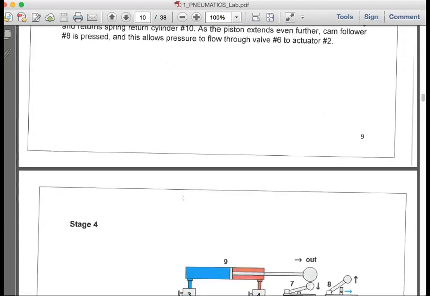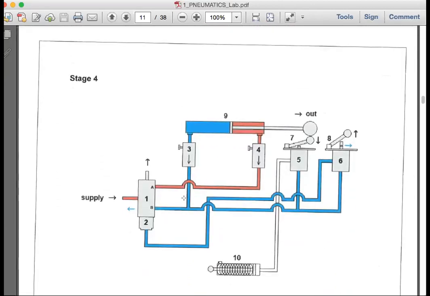So stage number 4, the stem was pushed up, so the pressure switched. Right now the pressure comes through number 4 into the right chamber. Piston is right now returning.